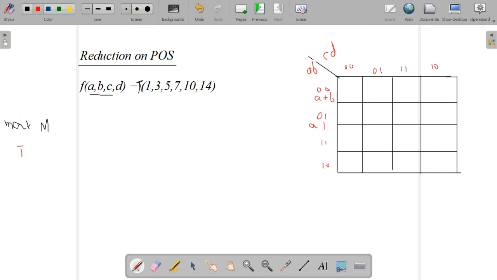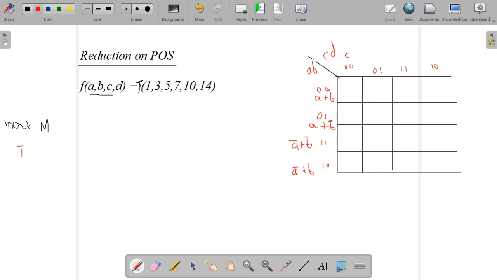So A plus B dash, because of this POS expression. Here A dash plus B dash. You should write it neatly. Then here A dash plus B.